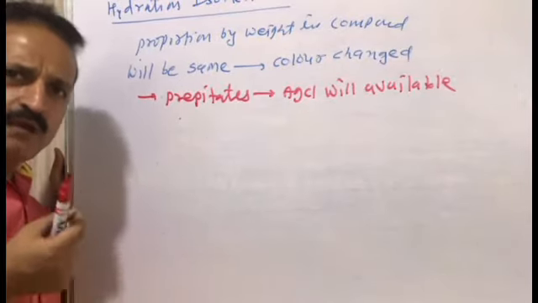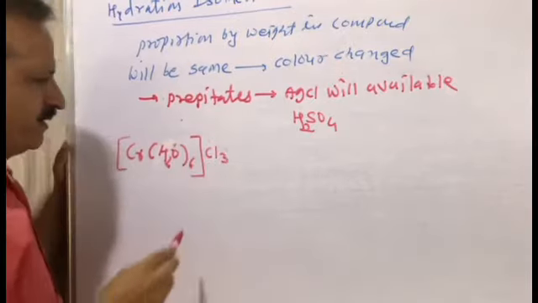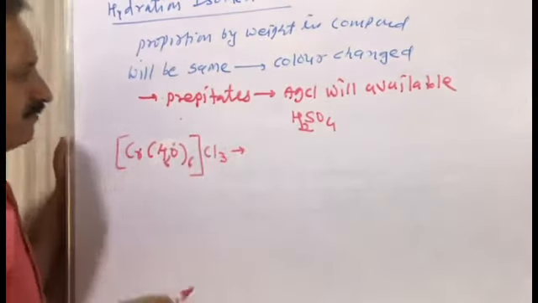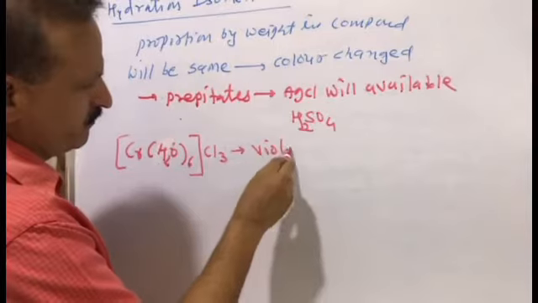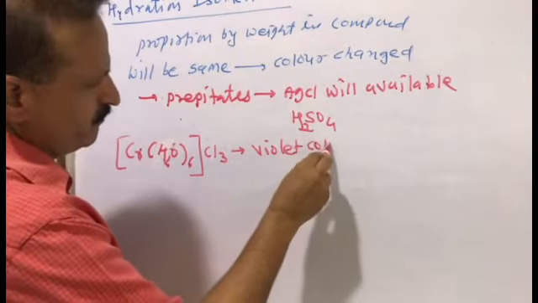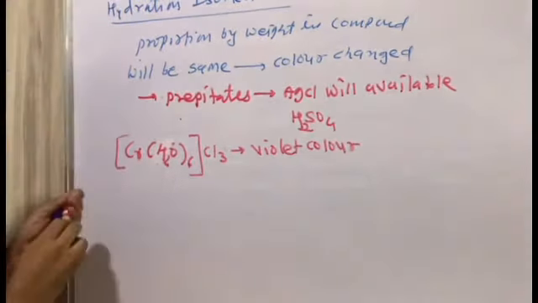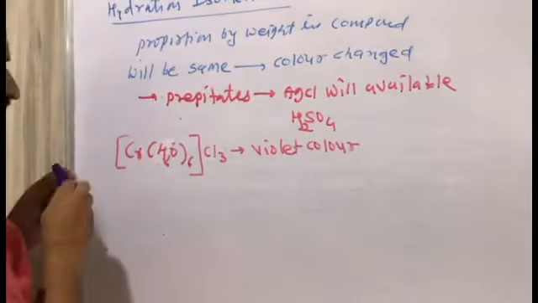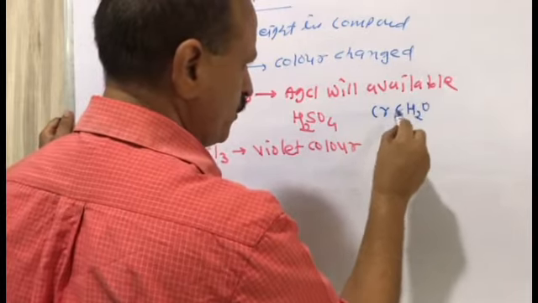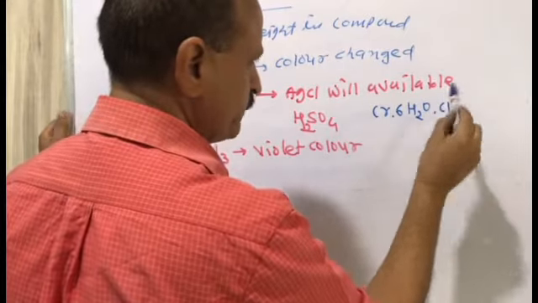As for example, we are having Cr(H2O)6 Cl3. This is the violet color. The compound is Cr(H2O)6Cl3.